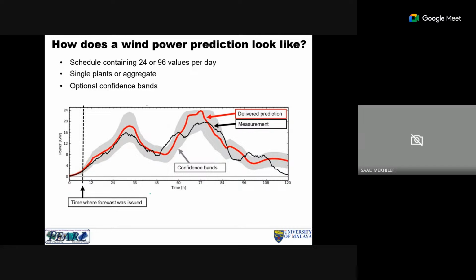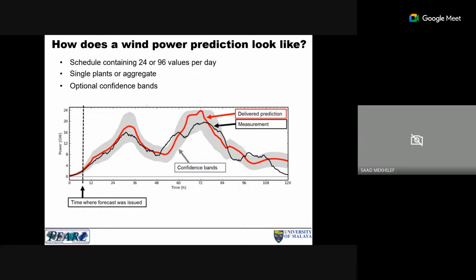And what does the wind prediction look like? For example, a schedule containing maybe 24 to 96 values per day, for a single plant or aggregated. And then you have a confidence band, like a margin of error.